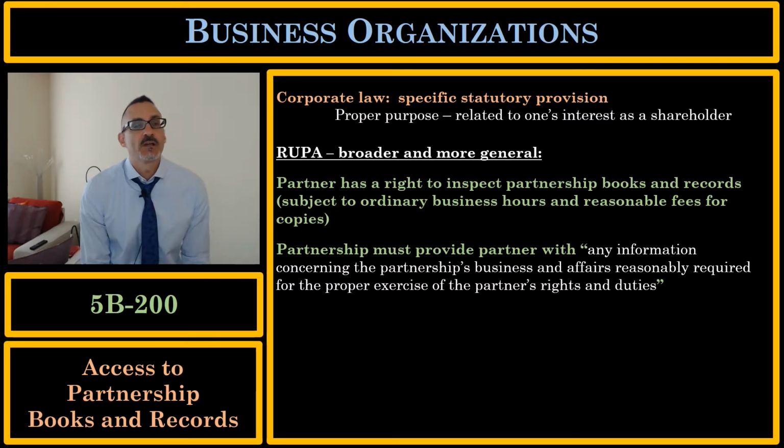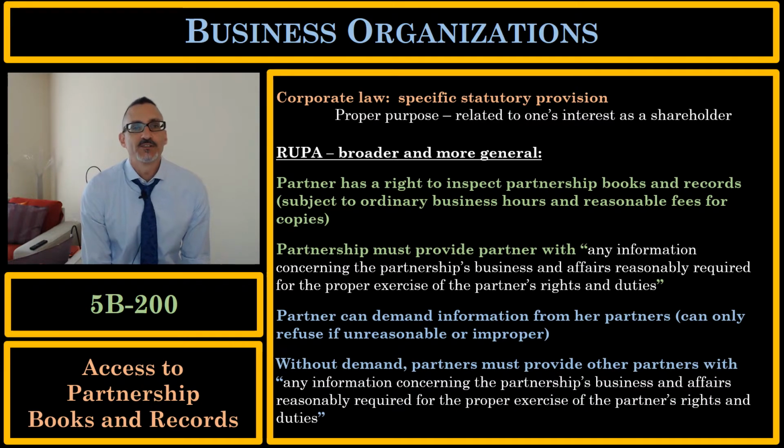But even when a partner does not affirmatively demand or request certain books or records, a partnership must provide a partner, without the partner's request, with any information concerning the partnership's business and affairs reasonably required for the proper exercise of the partner's rights and duties. So if I'm a partner in a partnership, the partnership is going to have to provide me with certain information that's going to allow me to exercise my rights and duties in a reasonable manner.